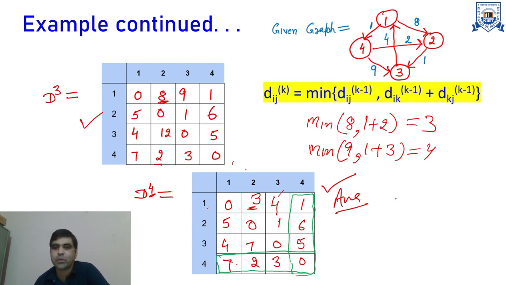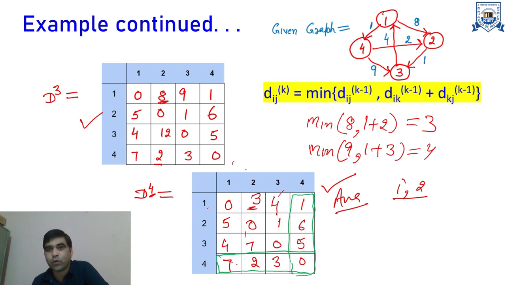For example, let's suppose I want to find the shortest distance between vertex 1 and vertex 2. If you look at this graph manually, the direct path is 8, but the smallest indirect path is from 1 to 4 and 4 to 2, whose cost is 3.